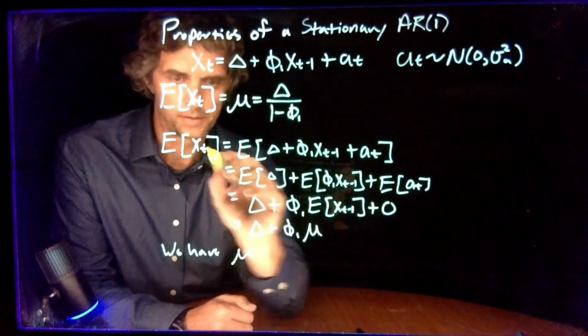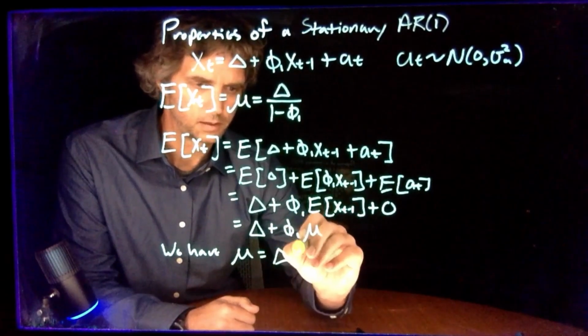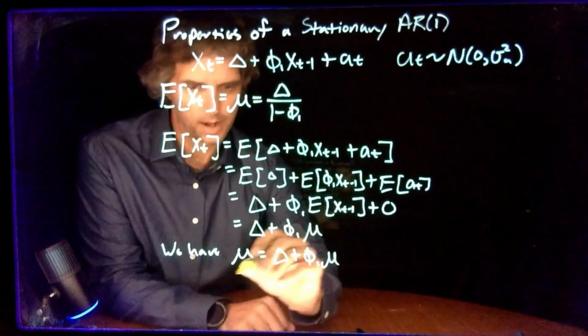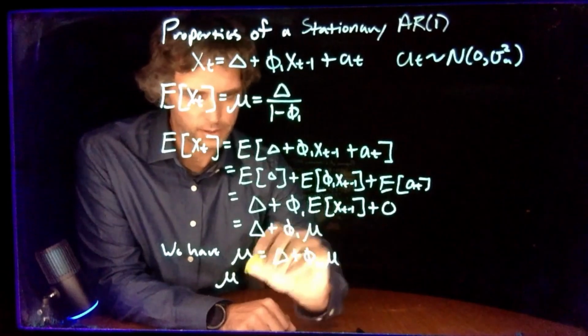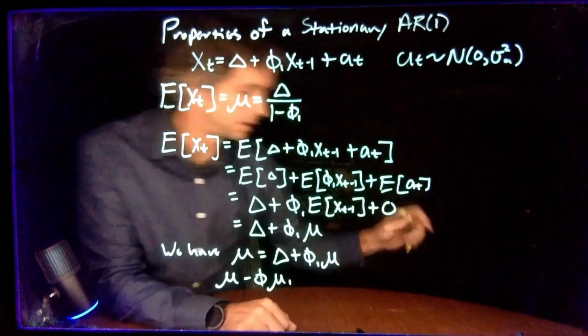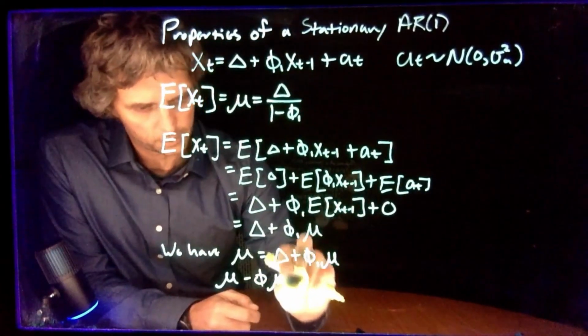And so now we have mu, because the expected value of xt is mu, equals delta plus phi1 mu, which a little bit of algebra takes us to: mu, take that over here, minus phi1 mu equals delta. Don't get your ones mixed up.